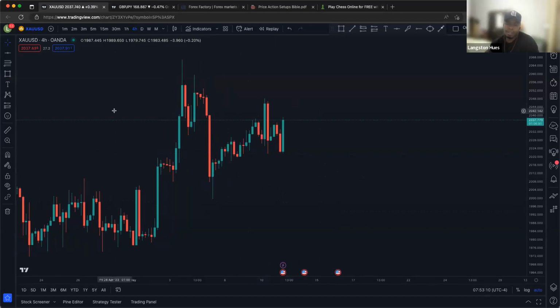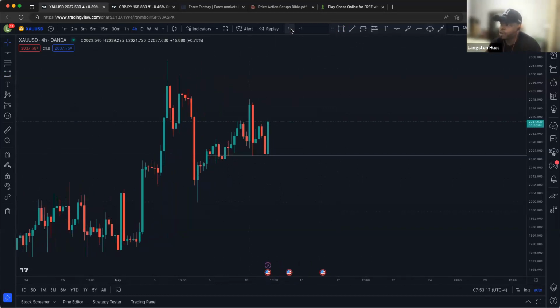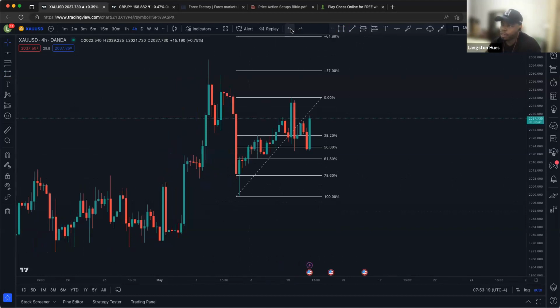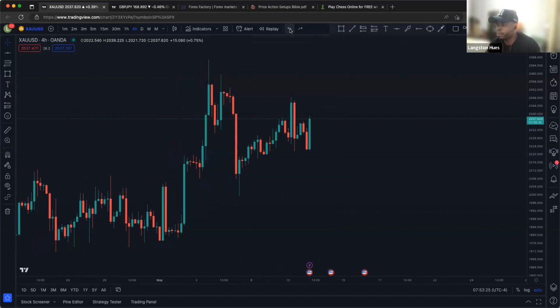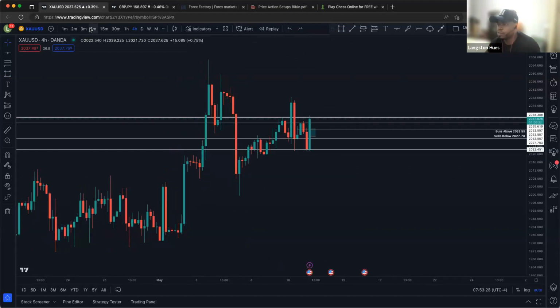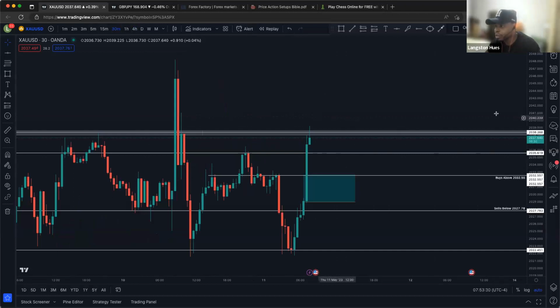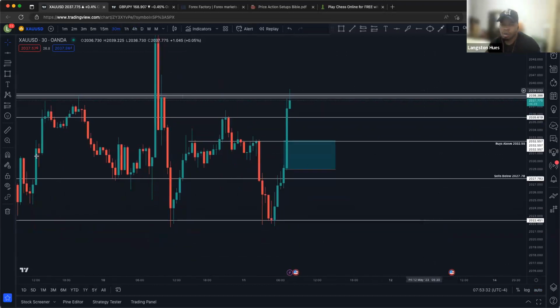A lot of traders believe the Fibonacci is a self-fulfilling prophecy because so many people are using it, price is moving based off the amount of people using it. But you can get caught up in the Fibonacci because sometimes you're using it and you don't know where your levels are.